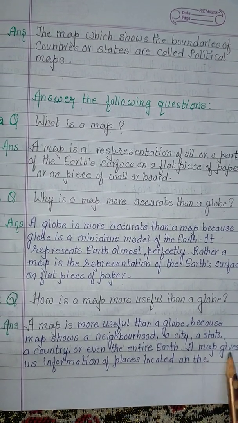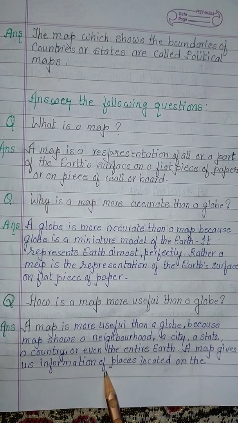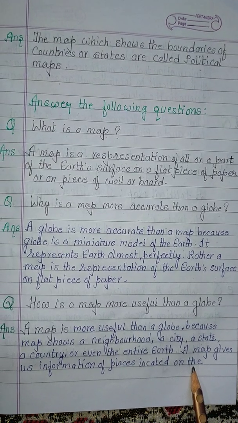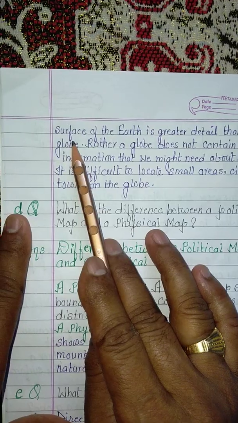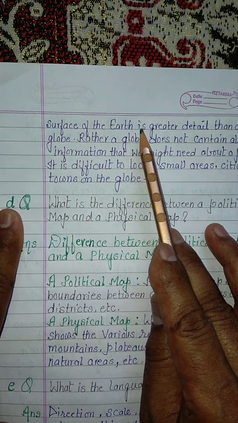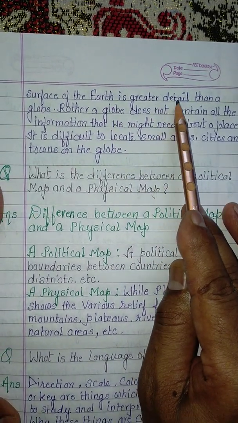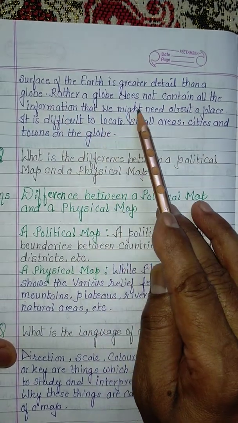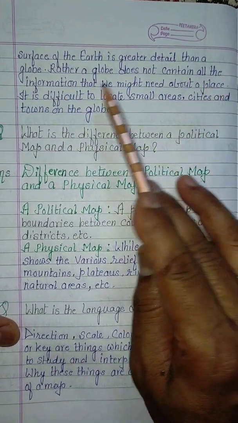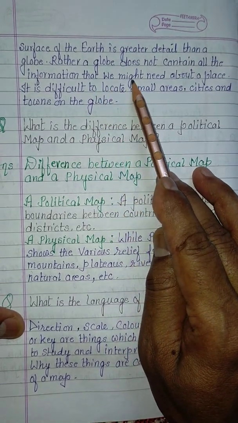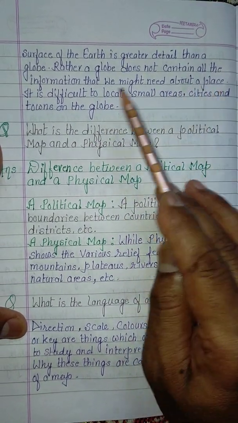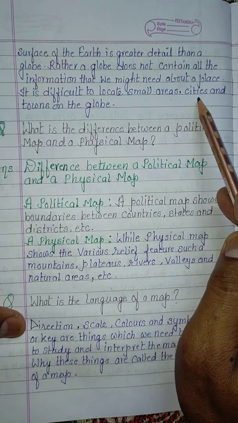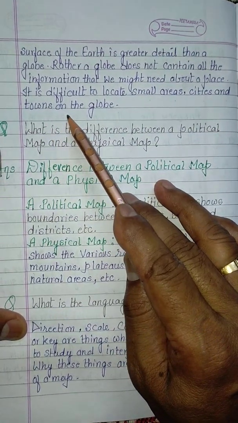A map gives us information of places located on the surface of the earth in greater details than a globe. Rather, a globe does not contain all the information that we might need about a place. It is difficult to locate small areas, cities, and towns on the globe.